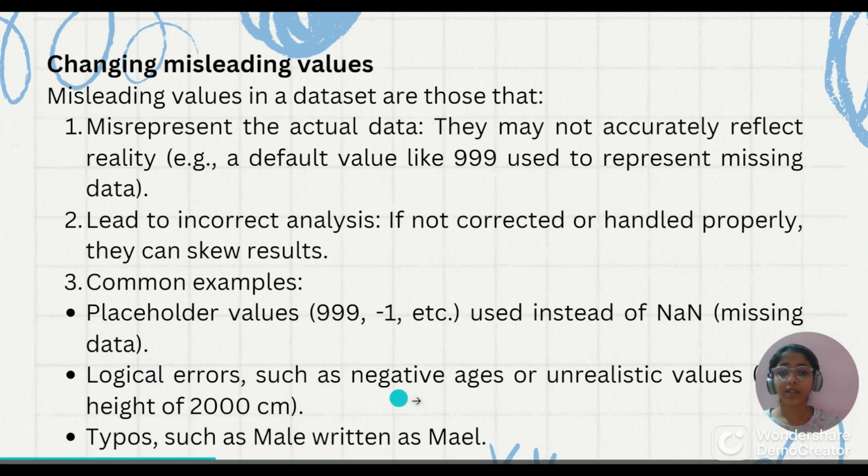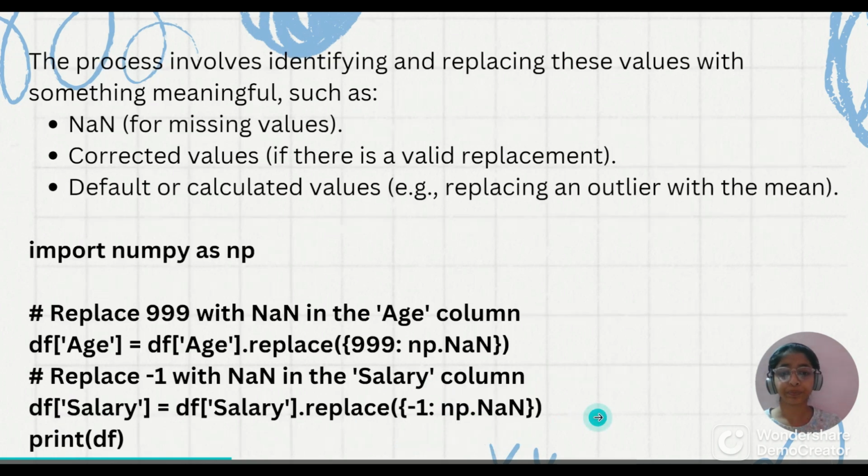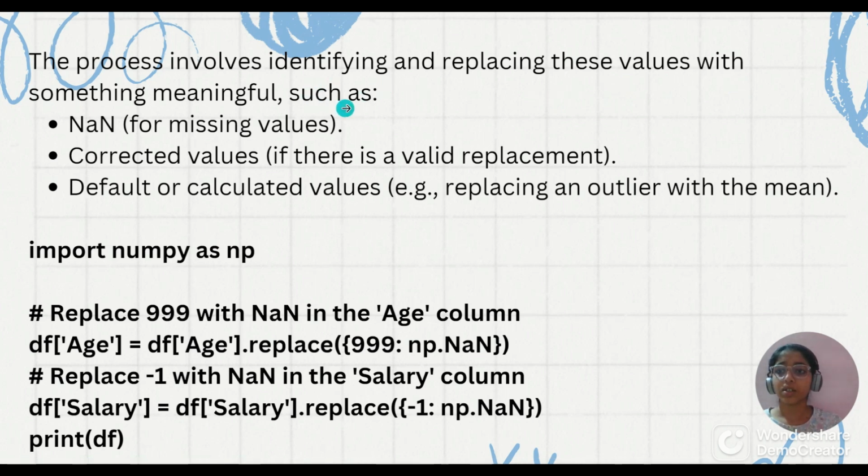Logical errors such as negative ages like -1, or unrealistic values like a height of 2000 centimeters. Typos such as male written as MAEL, which is an incorrect spelling. The process involves identifying and replacing these values with something meaningful such as NaN for missing values, corrected values if there is a valid replacement, or default or calculated values.